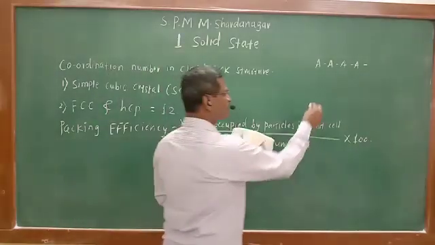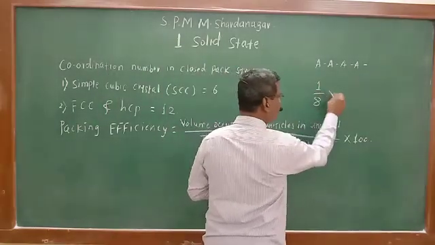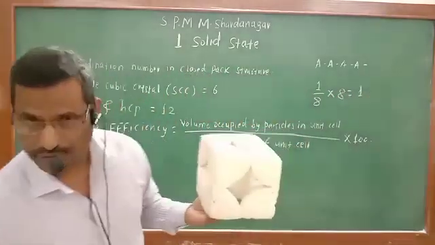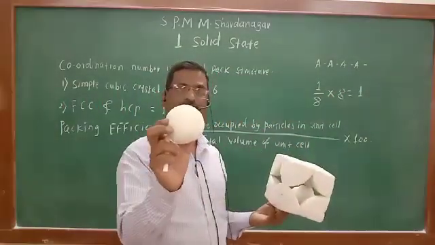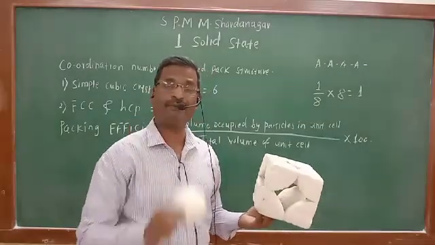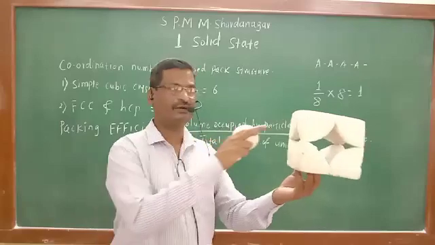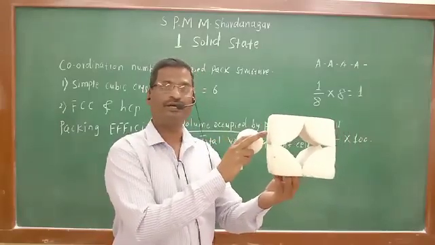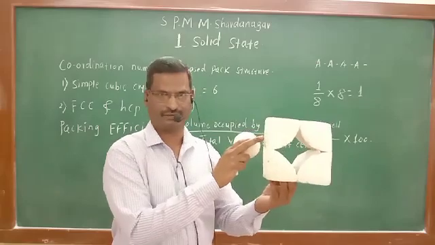Therefore we have studied that calculation also: 1/8 multiplied by 8 is equal to 1 particle present. So suppose this is one particle. This particle is divided into 8 equal parts, and those 8 equal parts are arranged like this. They will give simple cubic crystal structure.